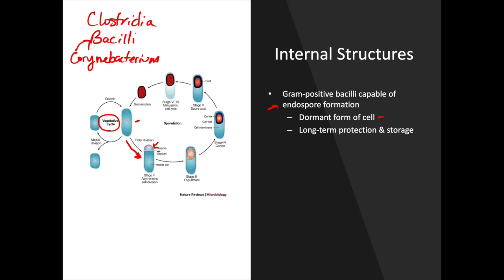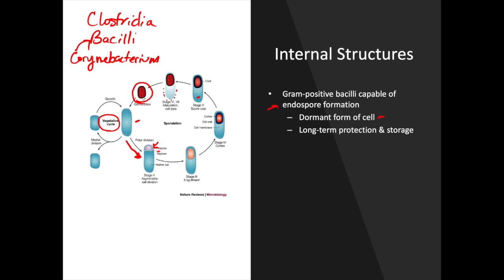But it just keeps building on it, and then it starts coating it, this cortex here, with some keratin, this really thick protein coat outside of the thick peptidoglycan, and eventually the parent cell that made the actual spore starts to die away, fall away, and what we're left with is the actual spore itself.